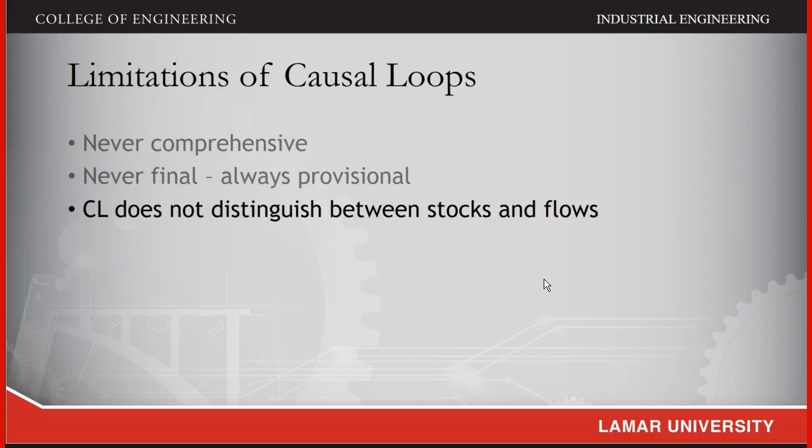And of course, causal loop diagrams do not distinguish between stocks and flows, and that's a significant difference, because stocks add delays or momentum to the variables, which are not reflected in causal loop diagrams.